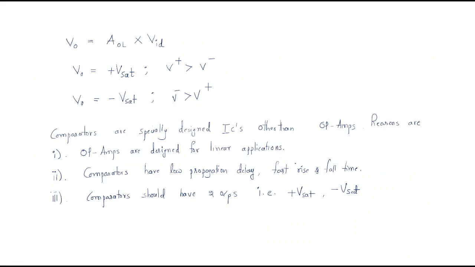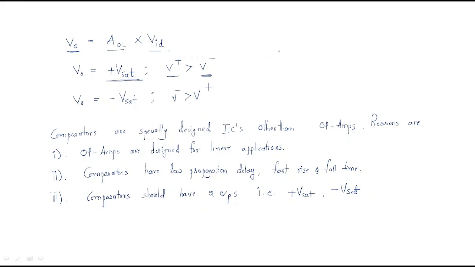So this is about the comparator. In a comparator, the output voltage is nothing but the gain times the differential voltage. The gain here is the open loop gain of the op-amp, and the input is the differential input. But here the output has two limits. If the non-inverting input is more than the inverting input, it will generate the positive saturation voltage, a fixed voltage.